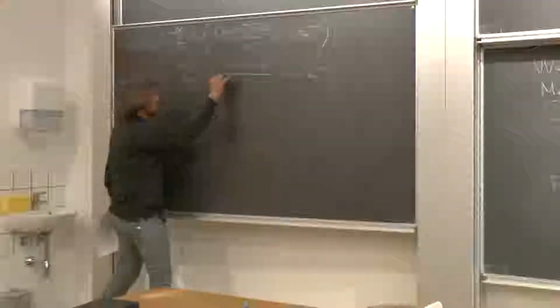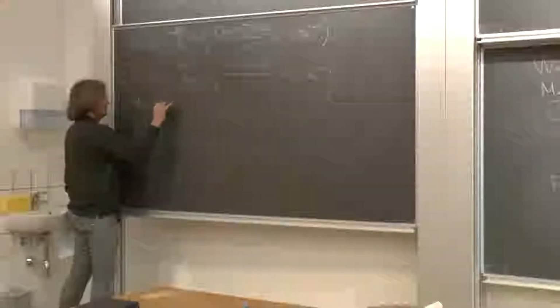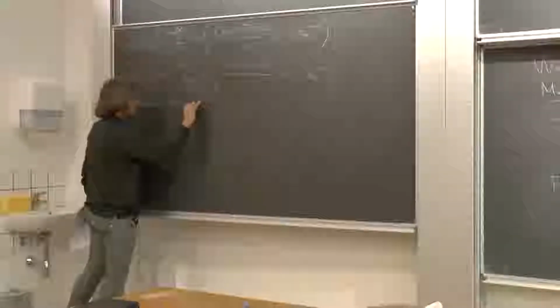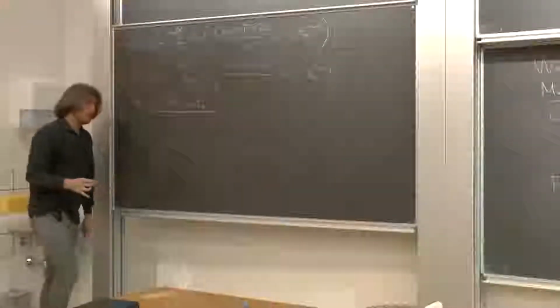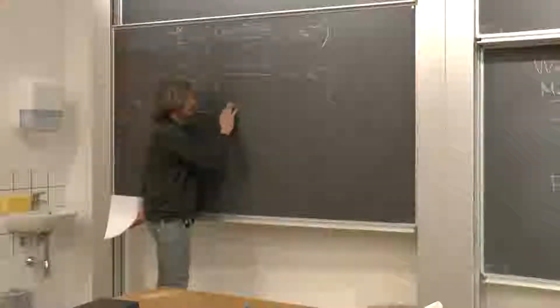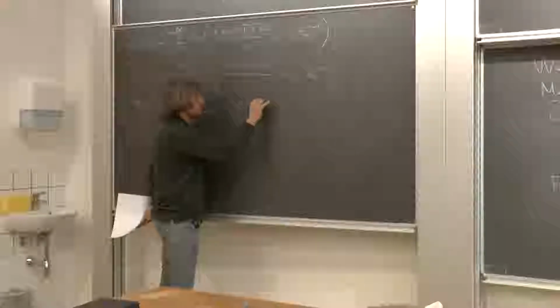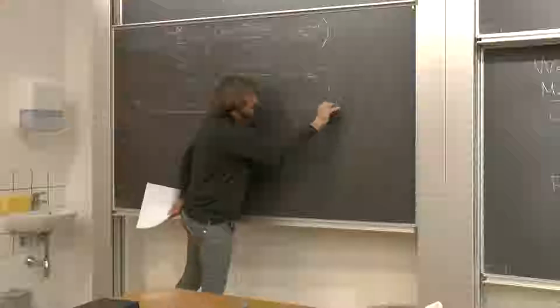So let's rewrite this. You know the formula for short multiplication, like a squared minus b squared is a minus b times a plus b, right?